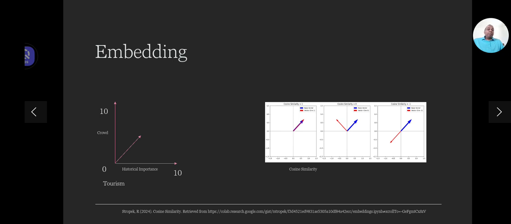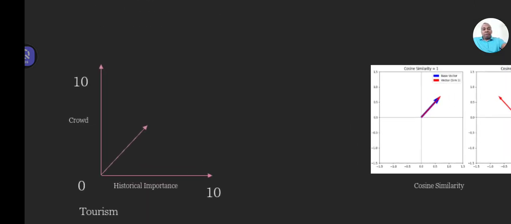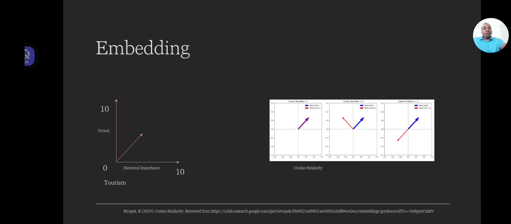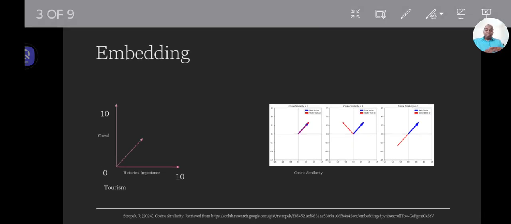And then you ask them about the historical importance, whether it's historically very important or not. Now in this graph you have two scales, and depending on the score you get, you can create a vector and it will show you in this two dimensions where the ranking falls, right?